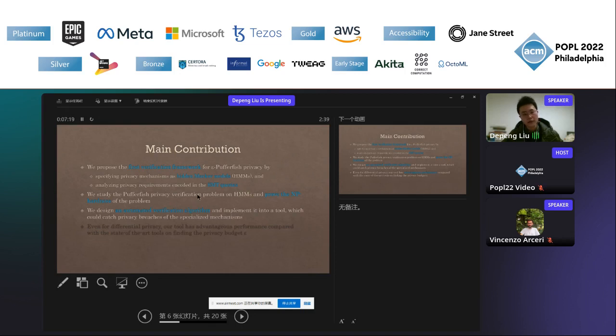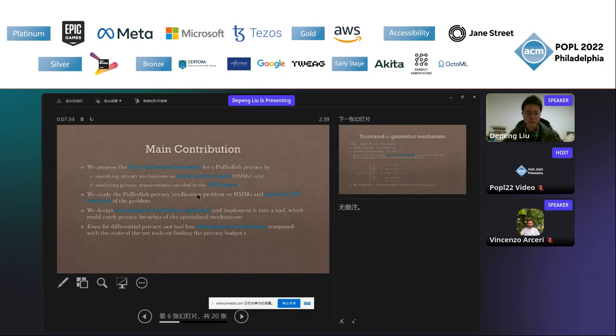We then designed an automated verification algorithm and implemented it into a tool which could catch privacy breaches of the specialized mechanisms. So even for differential privacy, our tool has advantageous performance compared with the state-of-the-art tools on finding the privacy budgets epsilon.